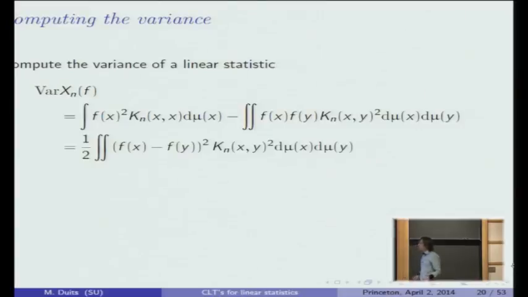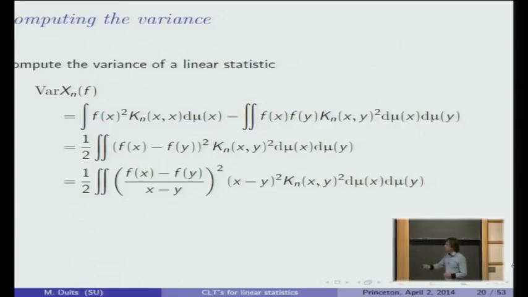Then using the reproducing property, I can make this into a symmetric form. This is nicer because I can turn the first integral into a double integral by the reproducing property. Then I do a simple identity: I divide by x minus y, and then I multiply by x minus y here. Then I use the fact that I have a Christoffel-Darboux formula for the kernel.